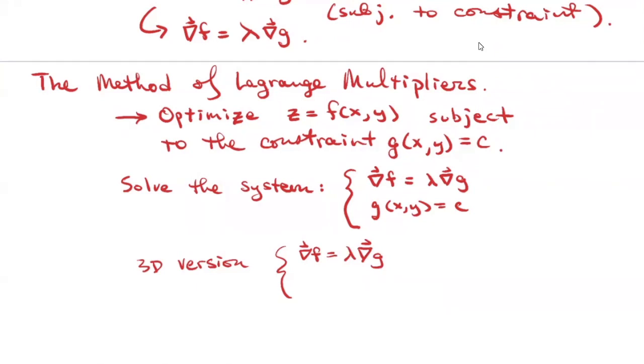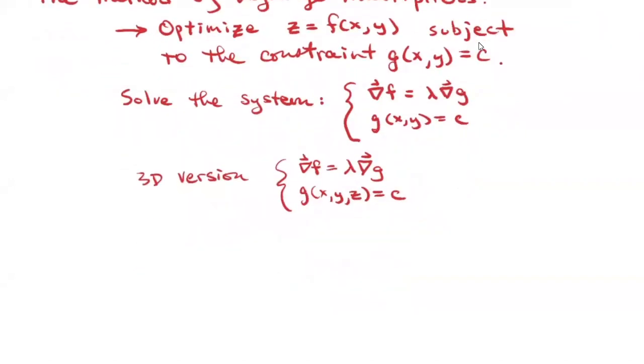So that's four variables there. You're looking at three equations because the gradient has three components, and the fourth equation would be g of x, y, z equals c, and that's a surface. Okay. So let's do some examples now.